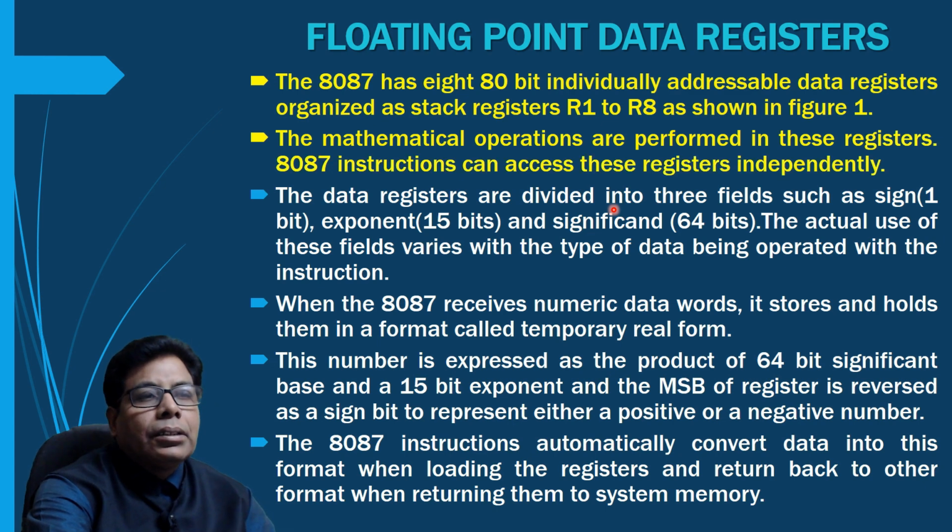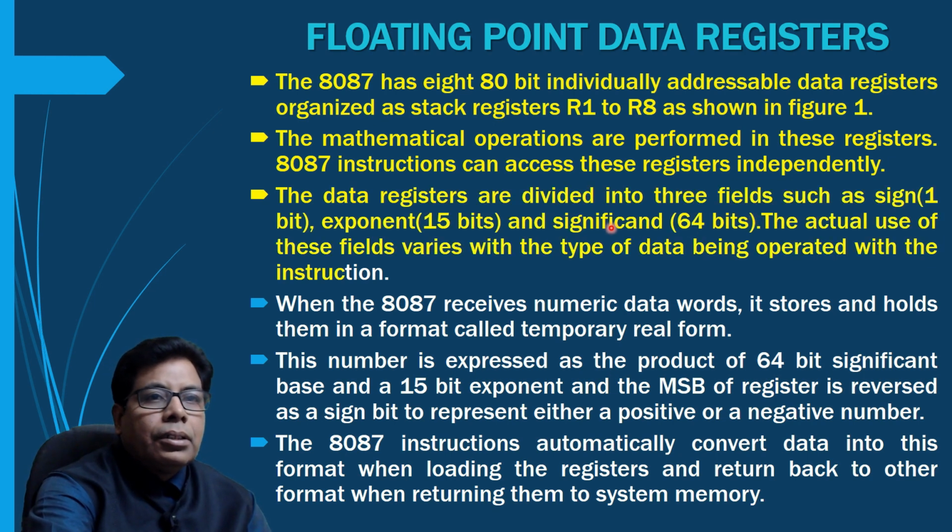Mathematical operations are performed in these registers, and all instructions can access these registers. Then data registers are divided into 3 fields, that is sign, exponent and significand. Sign field is 1 bit, exponent field is 15 bits, and significand is 64 bits.